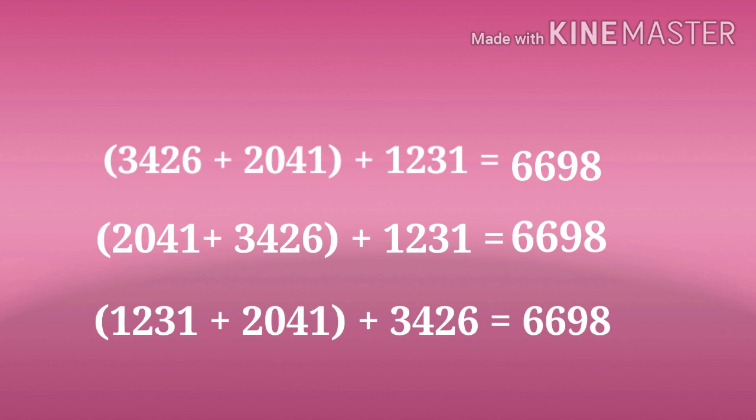Then add the sum with 3426. Then we get the sum as 6698. That means the sum of 3426, 2041 and 1231 remains the same in whichever order you arrange and add them. This one is called grouping property of addition.